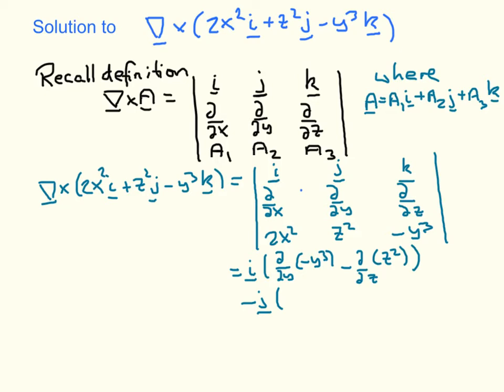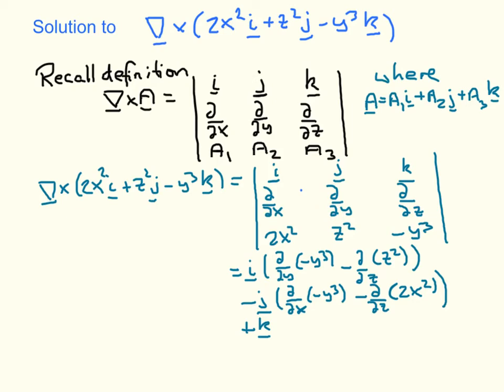and now we take this acting upon this minus this acting upon this, and so we have d by dx acting upon minus y cubed minus d by dz acting upon 2x squared, close brackets, and then we have plus k, and for this component we ignore this column and we have this acting on this minus this acting on this.